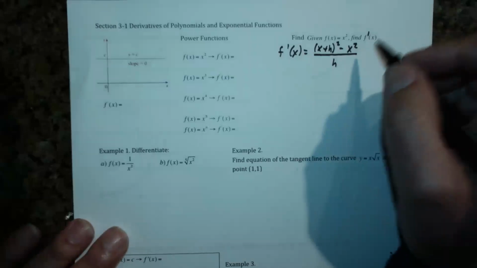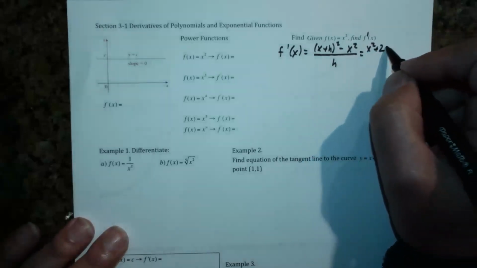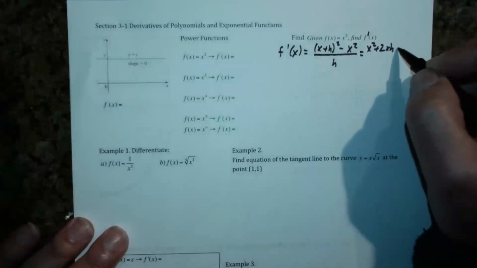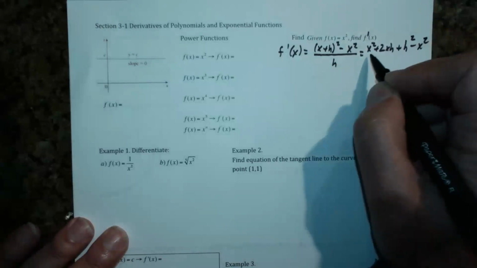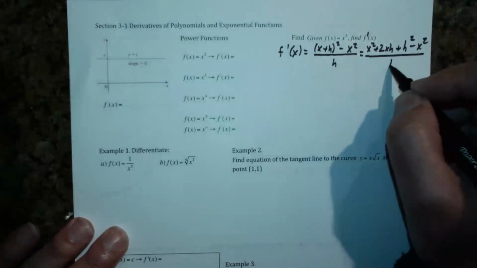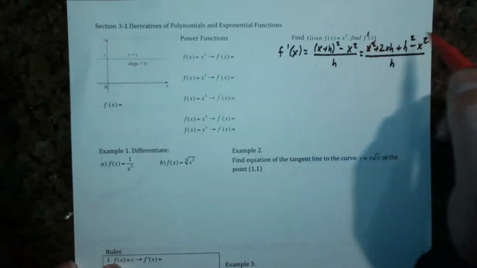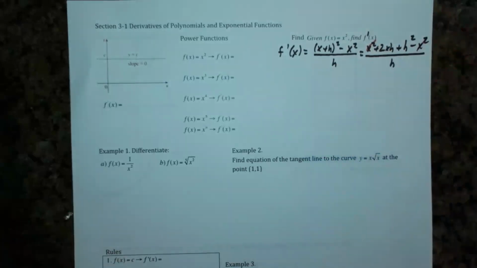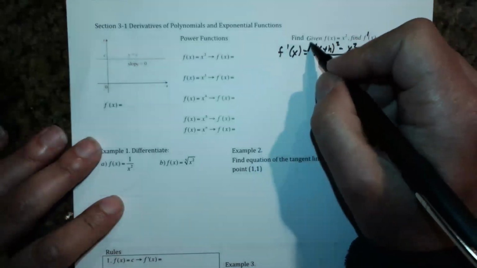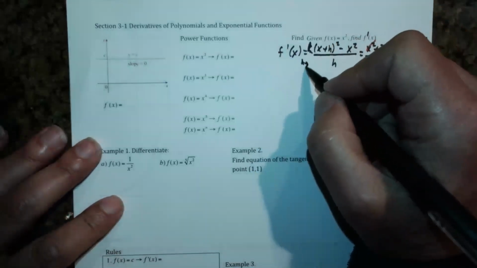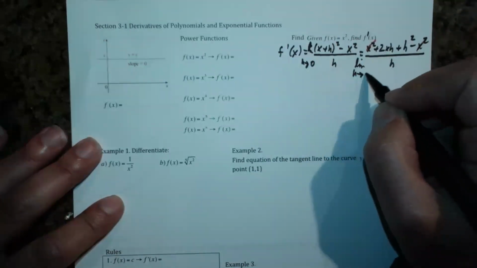And I'm going to go ahead and FOIL that out. And I'm going to notice the x squareds, plural, both go away. Oh, and I did a no-no. The limit as h approaches 0.